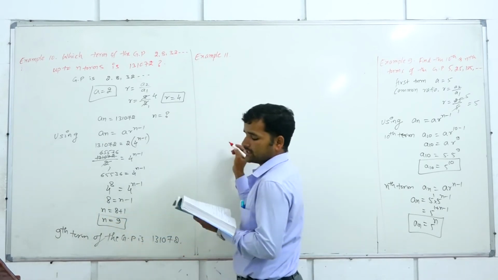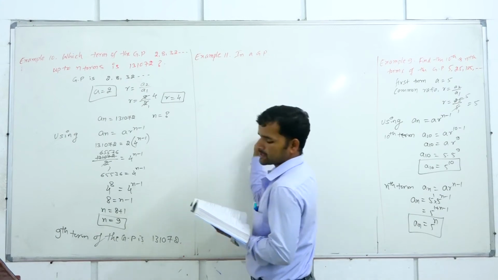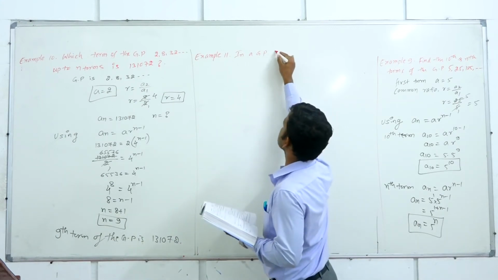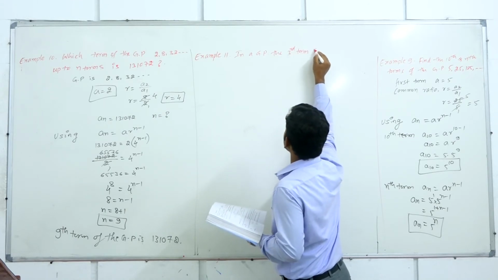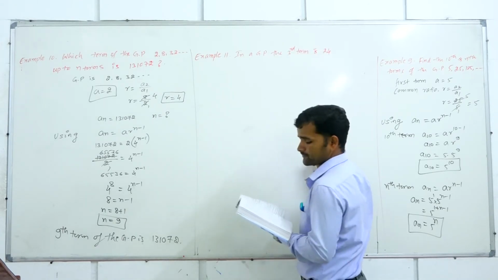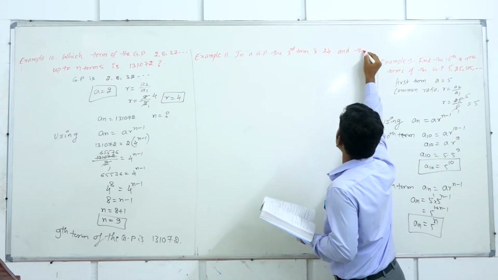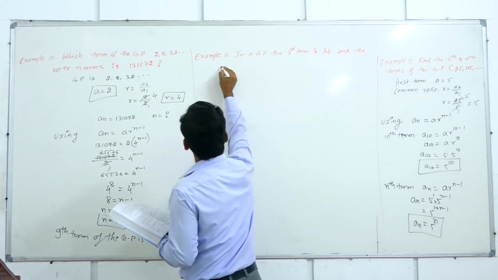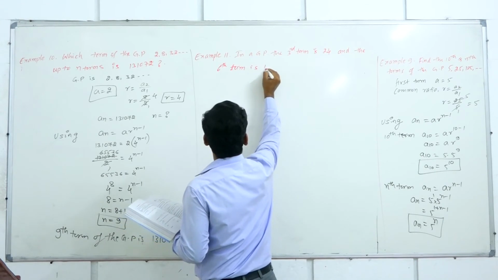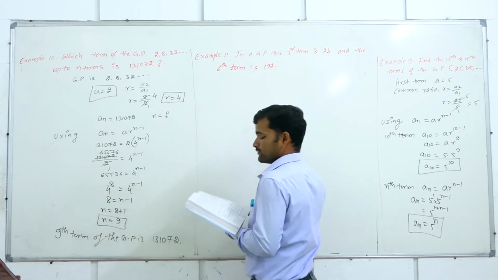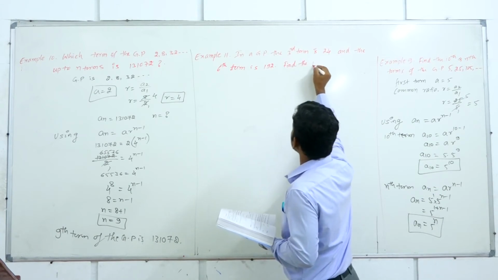What it says: in a geometric progression, the third term is 24 and the sixth term is 192. Find the 10th term.